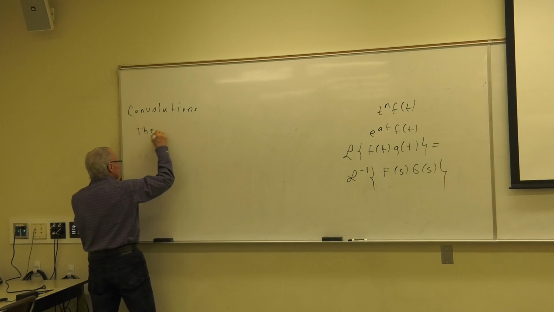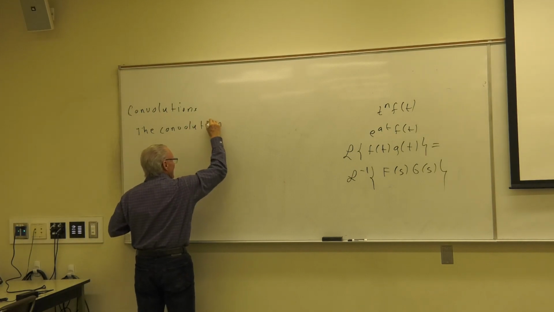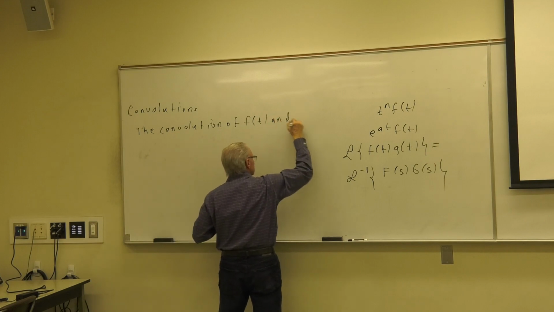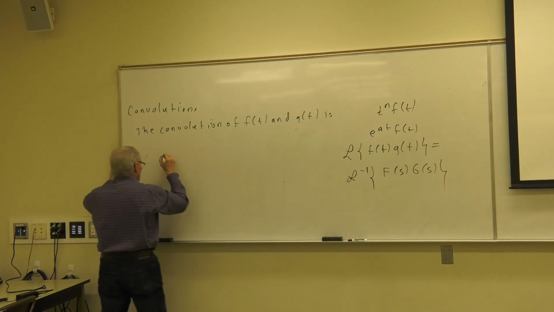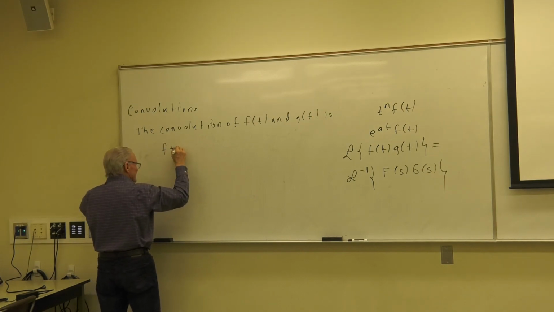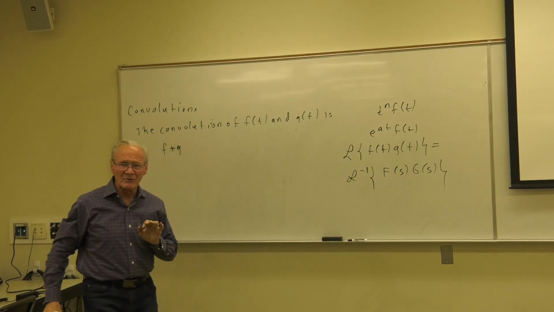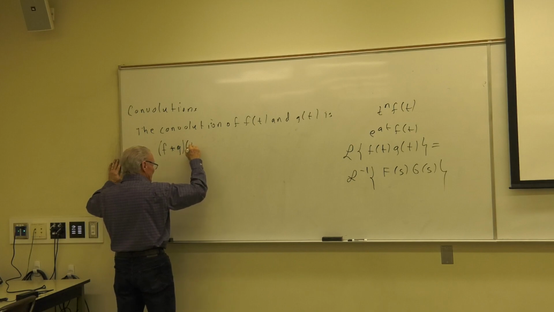The convolution of f of t and g of t is defined to be the following. They put a star in most books to represent convolution. Now I probably should write this, of t.